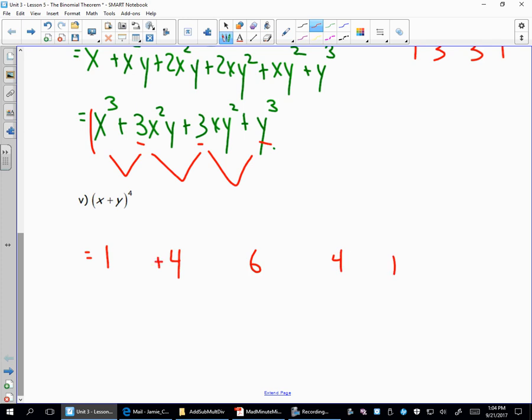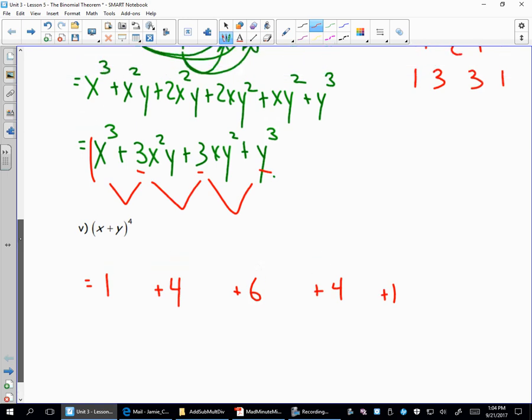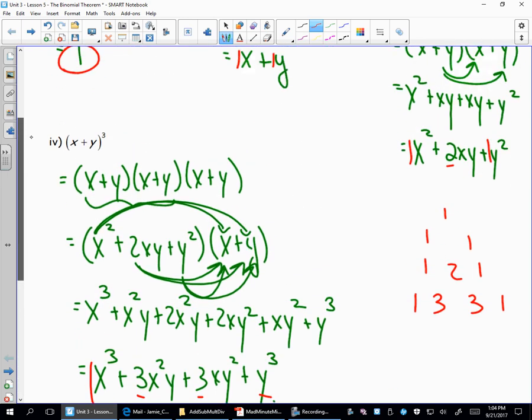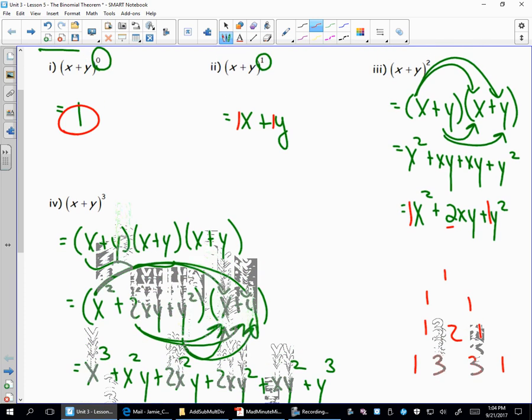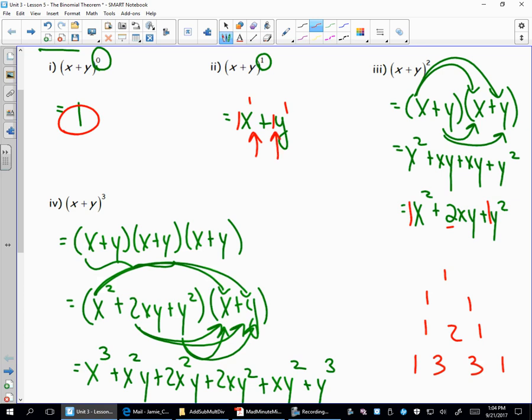I actually also know what the letters are going to be because they also follow a pattern. If you go back and look, we started off with nothing, no letters. Then we had 1x and no y's, and 1y but no x's. And then we look at the next example, we had 2 x's, then 1x, then no x's. No y's, 1y, 2 y's.